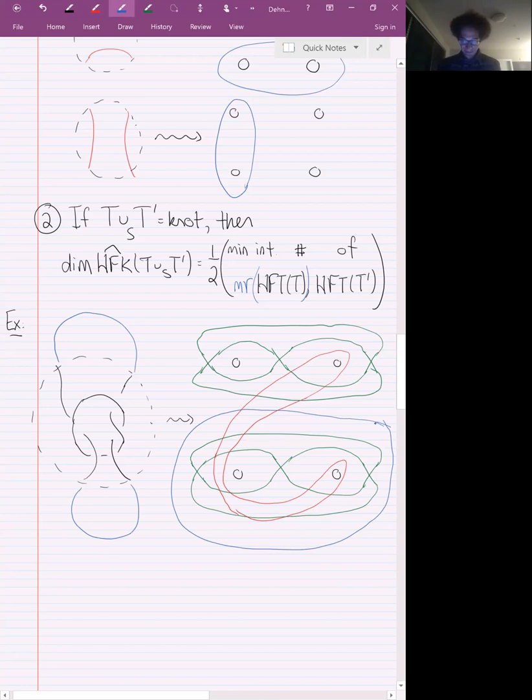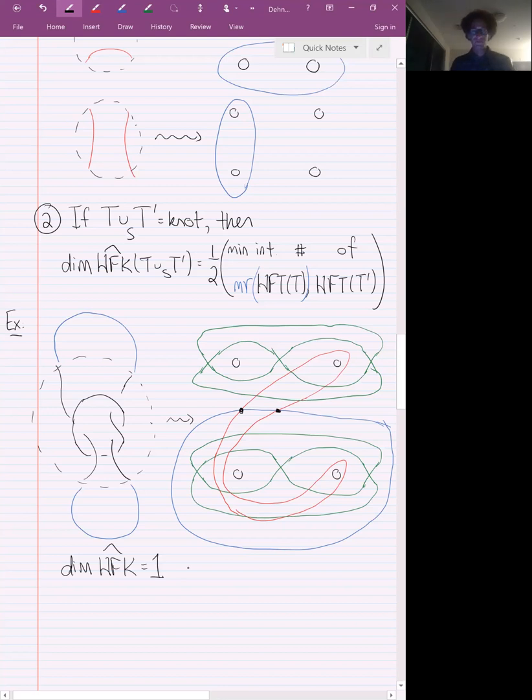Now, conveniently, I've set this up so that the mirroring doesn't really affect this blue component. And so the point is that what I see is exactly two intersection points. And so therefore, I see that the dimension of HFK hat of this knot is 1.